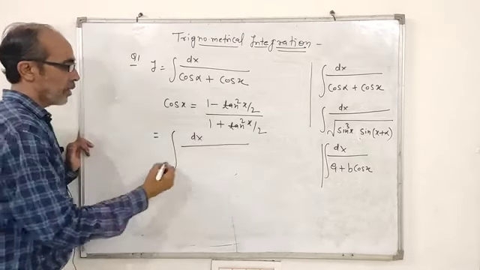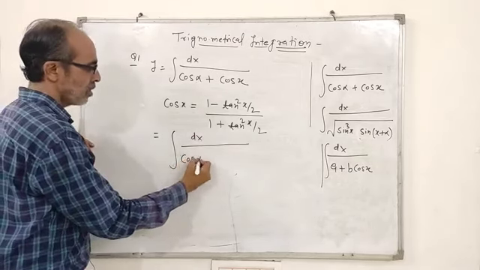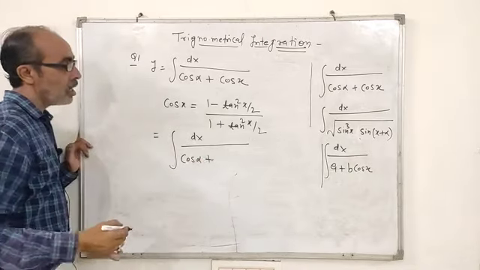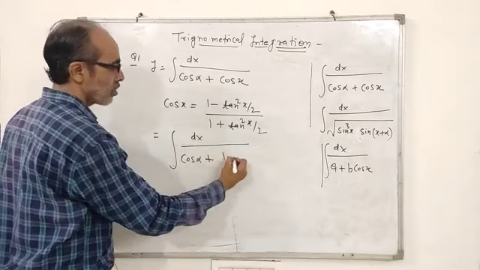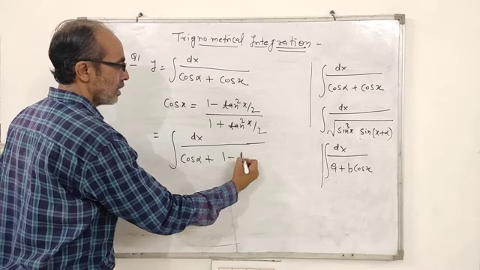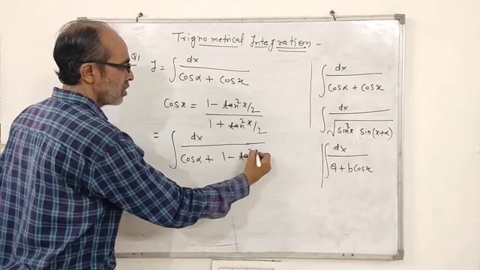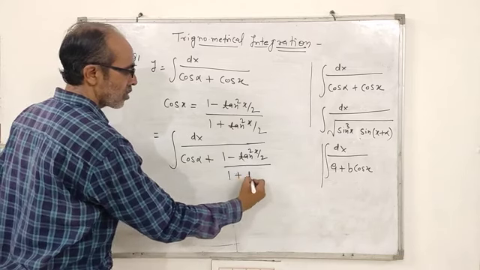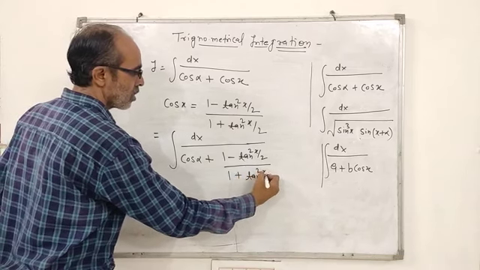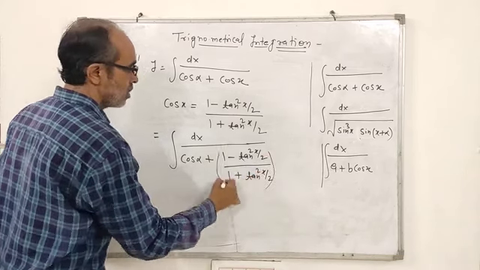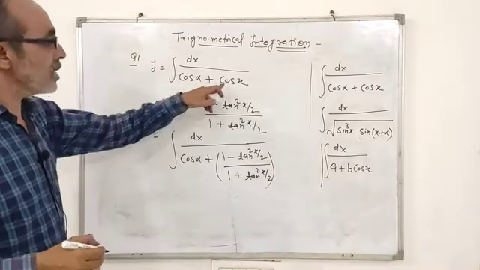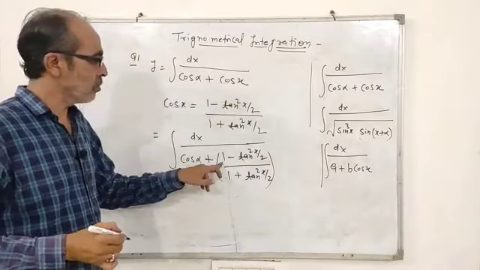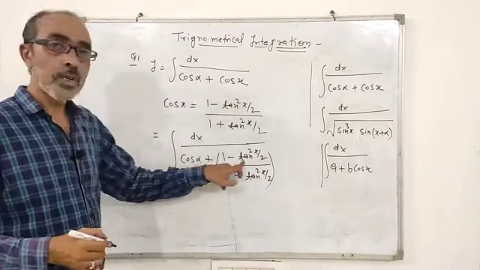dx divided by cos alpha plus 1 minus tan square x by 2. The value of cos x in terms of tan x by 2 is 1 minus tan square x by 2 divided by 1 plus tan square x by 2.